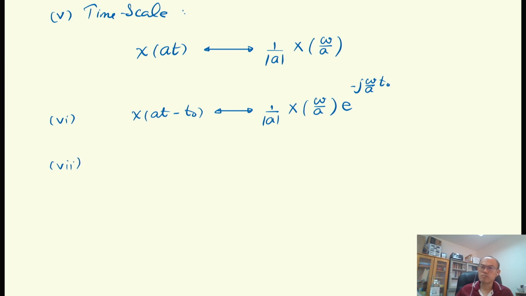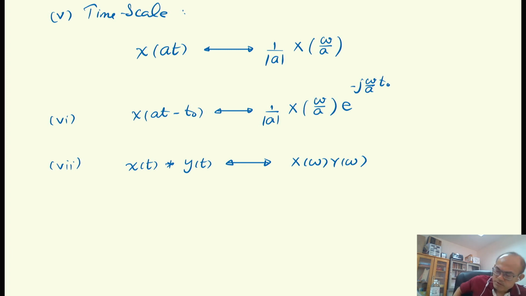The next one is kind of important, and that is the convolution. If I'm doing a convolution integral between two signals, x and y, and take the Fourier transform, the result would be the product of their Fourier transforms. So this is a time convolution property.